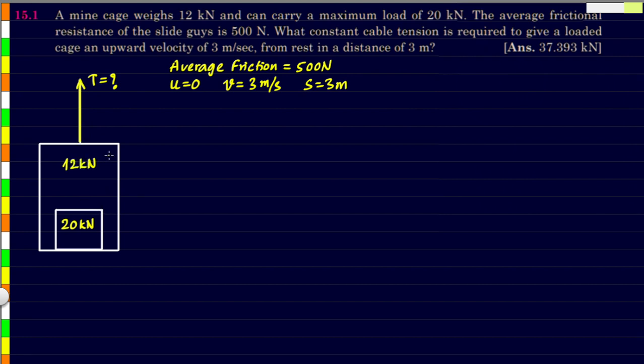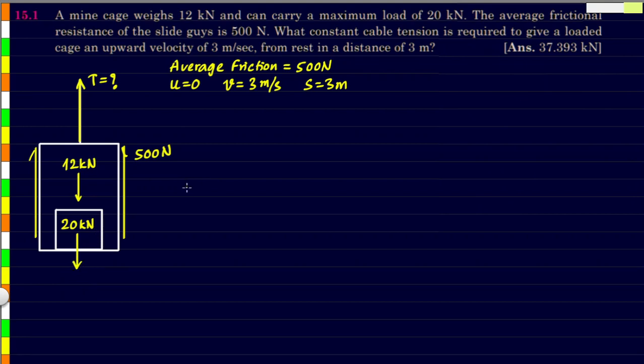First, of course, we'll have to take the free body diagram of this lift along with this weight. Let's draw all the forces that are acting on it. We know that the friction will be acting on the side walls in the lift, and the average value of that has been given as 500 newtons. 12 kilonewton is weight, it's going to be acting downwards, and 20 kilonewton also is a weight which will act in downward direction.